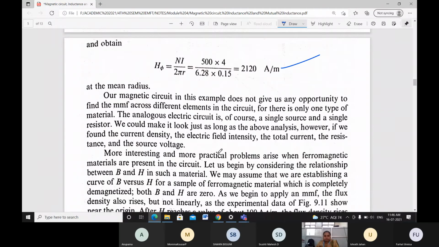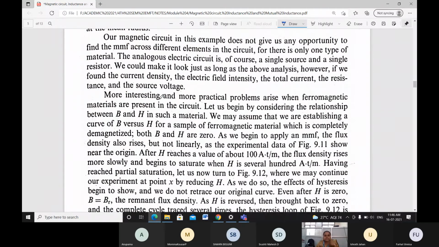Next we go for a more interesting and more practical problem, which arises when ferromagnetic materials are present in the circuit. When you place your motor along with your resistor, your source, and your current elements, what may happen?